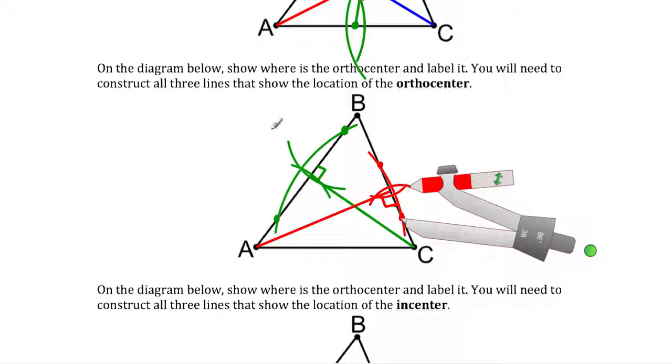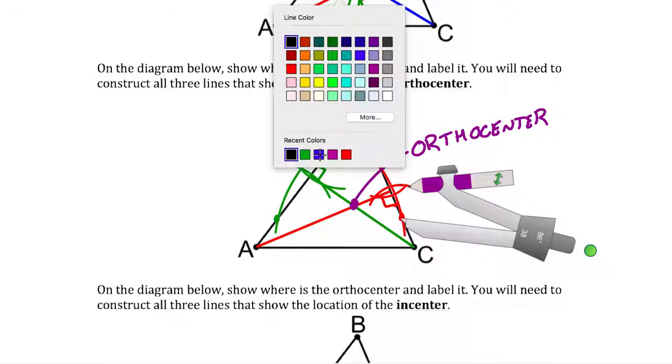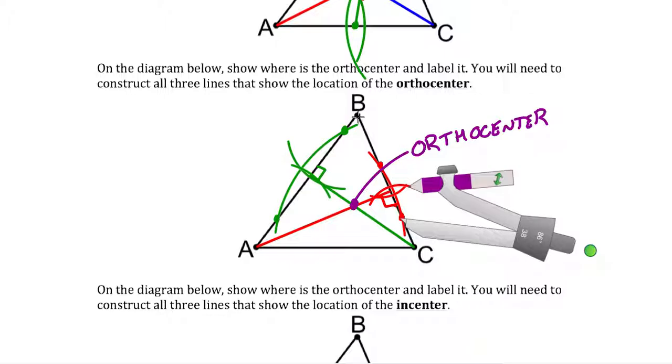And so we can already see that this point right here is going to be the orthocenter. And so that must mean that this last line, this last altitude, is going to go from here straight through to that point.